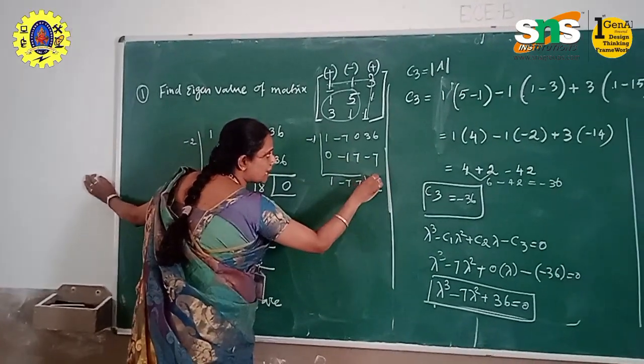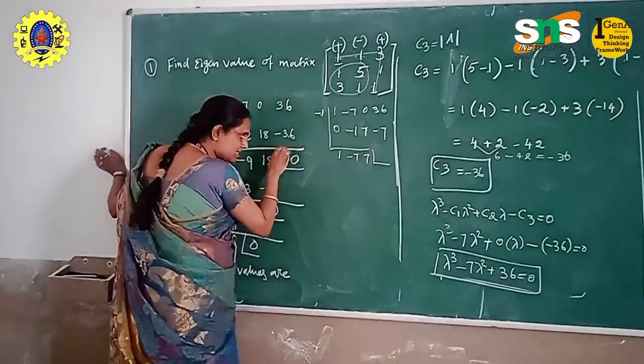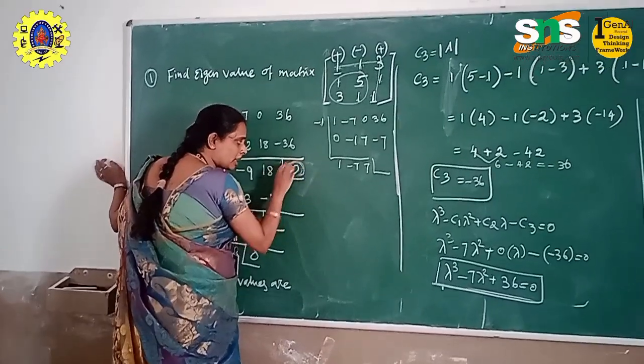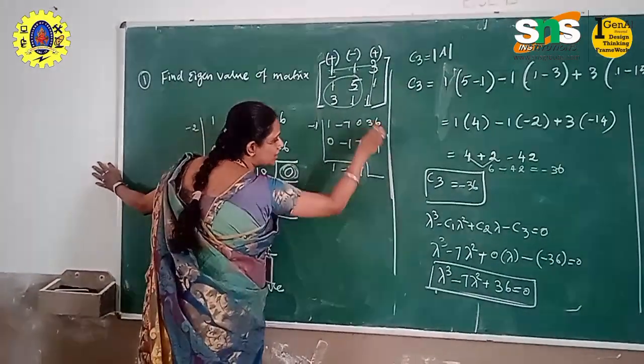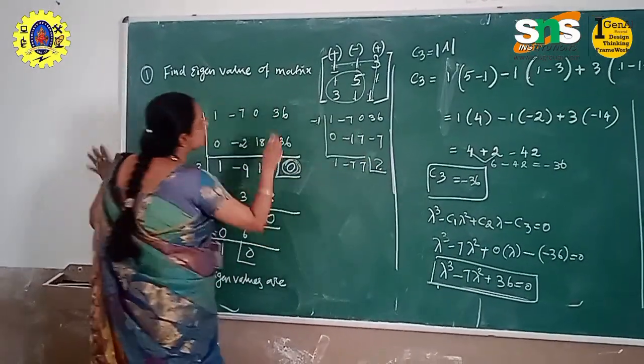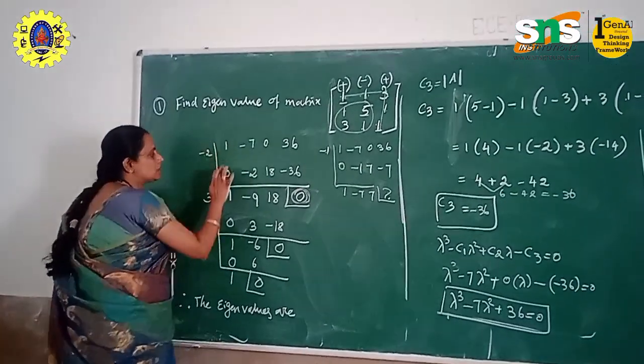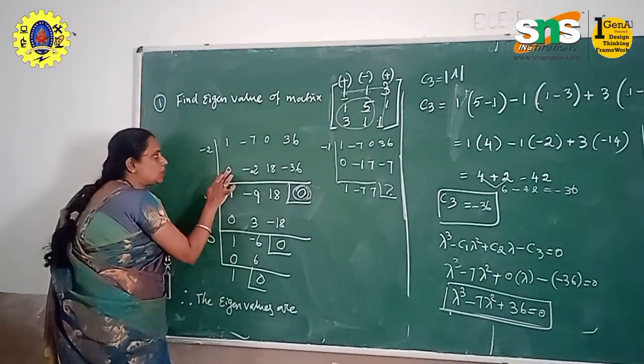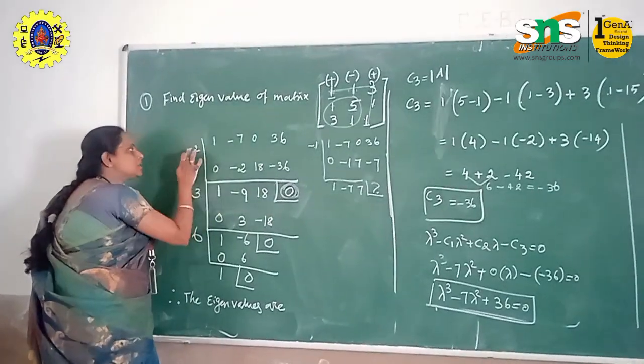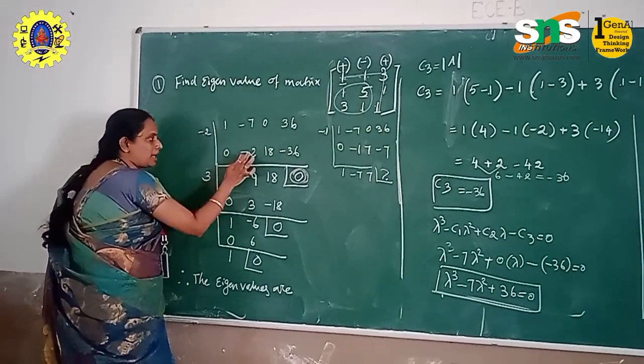Here the final answer has to become 0, but some number is left, so we choose minus 2. We put 0, then 1 as it is. Minus 2 into 1 is minus 2.